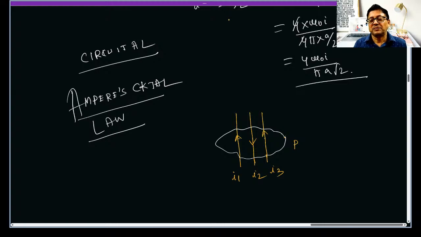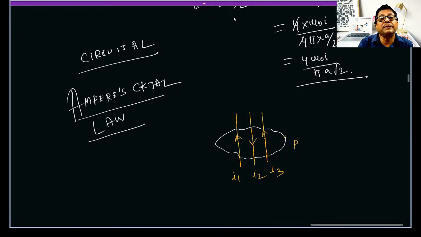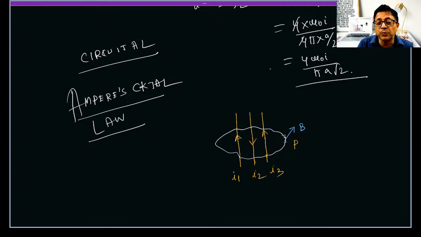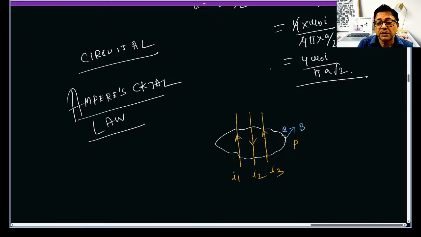We can relate these currents with the resultant magnetic field. Suppose the resultant magnetic field at the point P be B, and this small elemental portion PQ has length dl.